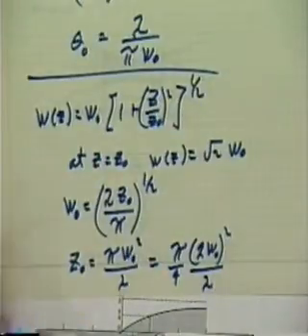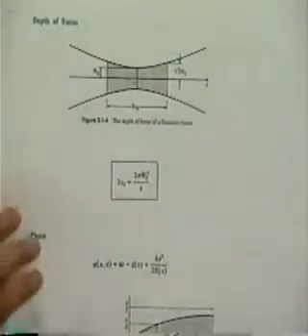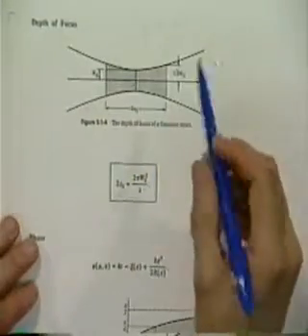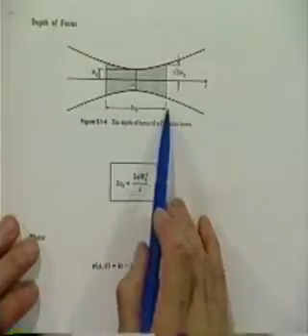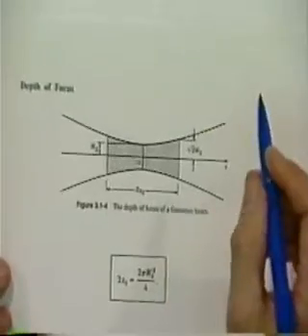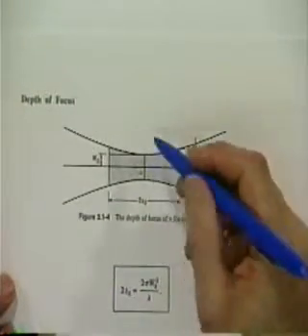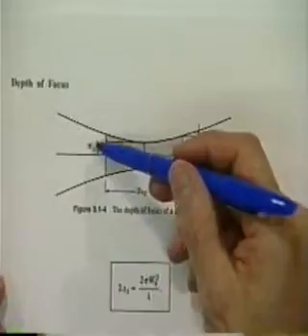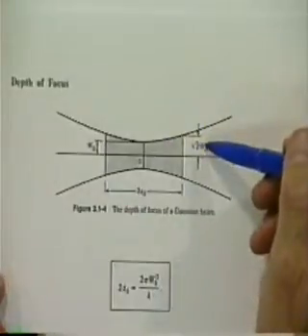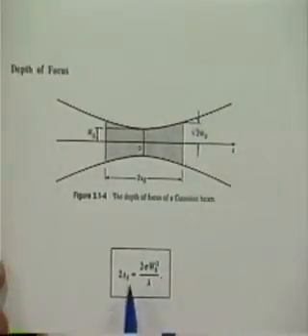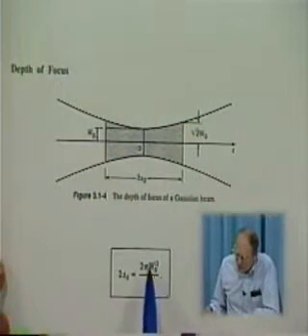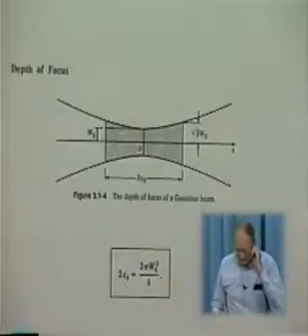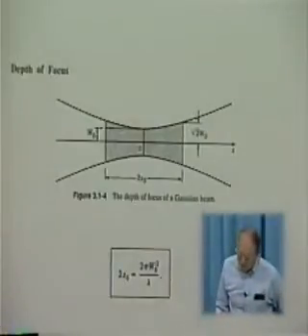In a second you'll see why I'm writing it that way. So this depth of focus, as we define it anyway, is this distance to z naught, which is where the beam changes from w naught to square root of 2 w naught. This distance to z naught, which we're going to define as a depth of focus, goes as 2 pi w naught squared over lambda.